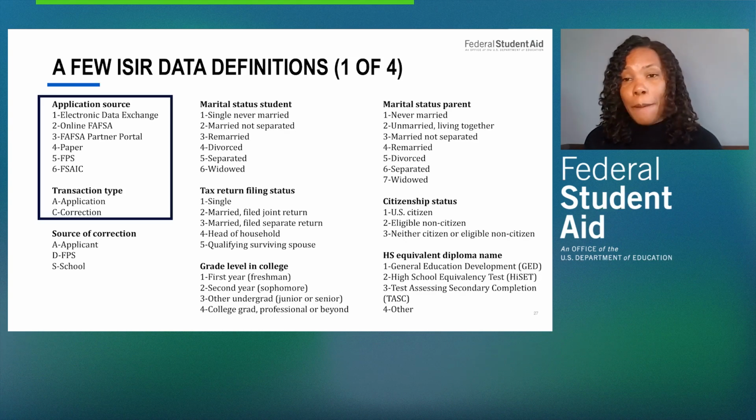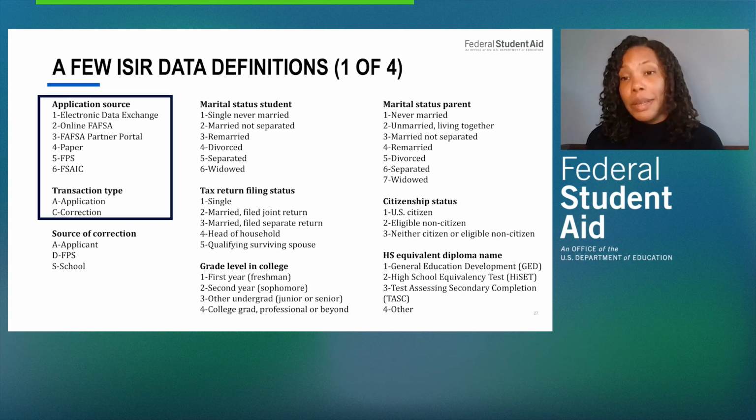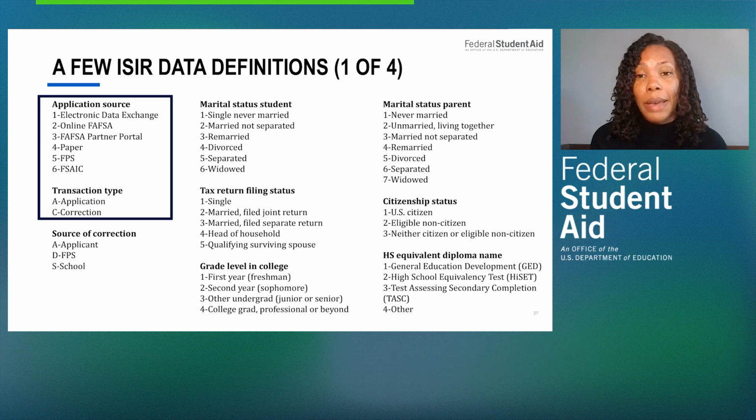Application source 3, you're really not going to see anymore because we've lost the ability for a school to collect a paper FAFSA and to input it themselves into FAFSA Partner Portal, which is something that you guys used to be able to do through FAA Access to CPS Online. So mostly what you're going to see is application source 4 for paper and application source 2 for the online FAFSA.